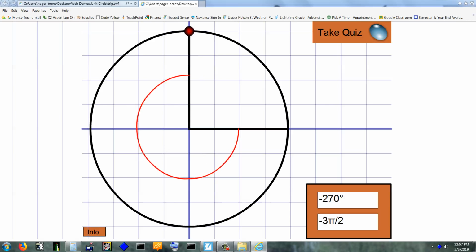You get the idea. The initial and terminal sides are in the exact same spot. So when we're doing trig, whether we use positive 90 or negative 270, those two numbers mean exactly the same thing when we're talking about angles in trig. Okay. And as far as what that bottom number is, we're going to talk about that later.